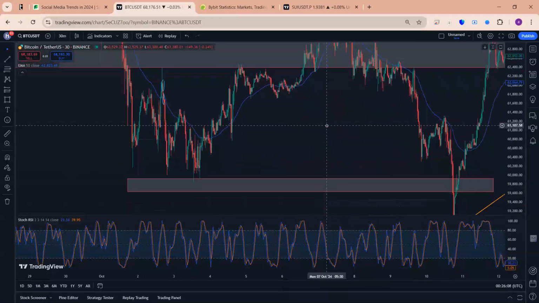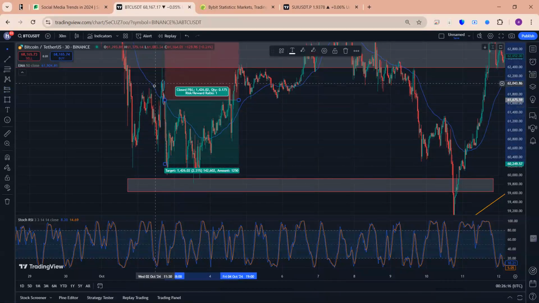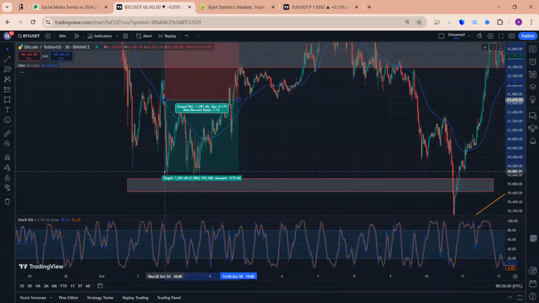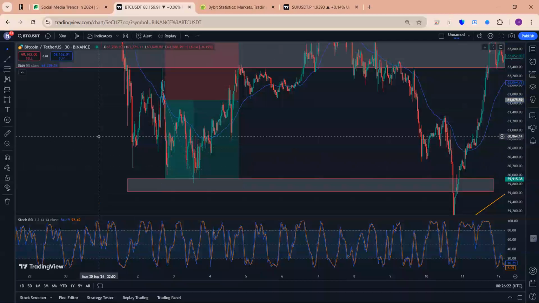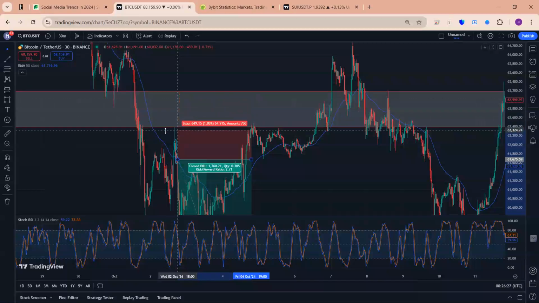All right. So I'm going to go for my short position, and I'm going to take it from this place to this place. All right. So I'm going to set my stop loss at around this place, which is a little bit above the recent high.